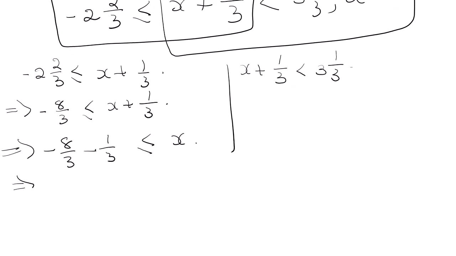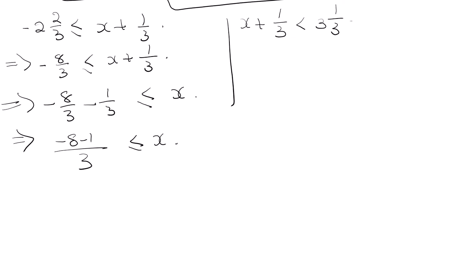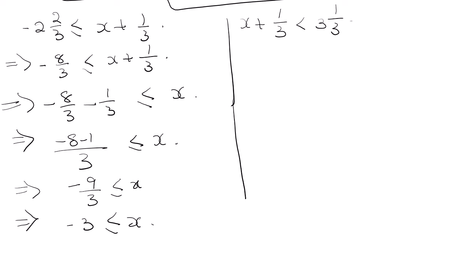So this implies minus 8 minus 1 upon 3 is less than or equal to x. So this implies minus 9 upon 3 is less than or equal to x. So this implies minus 3 is less than or equal to x.